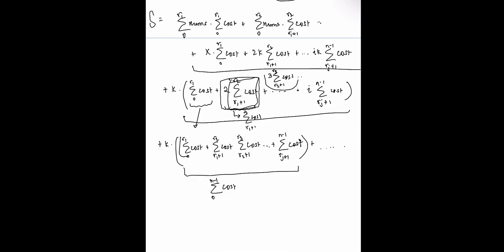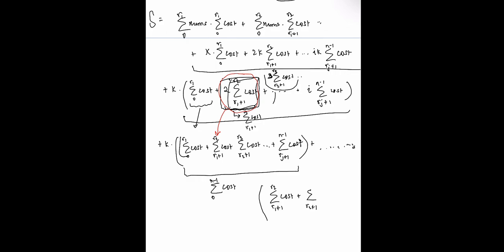Okay. Now, what is left? Now I told you I've used one of this in this, right? So there's one more left. I'm going to repeat the same process again, but starting from R1 plus 1 to R2 cost. So instead of starting from 0, it's starting from R1 plus 1 to R2, and then R2 plus 1. So there were three values of this R2 plus 1 till R3 summations.